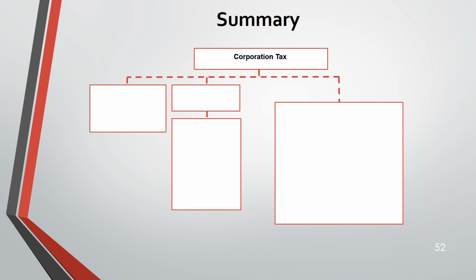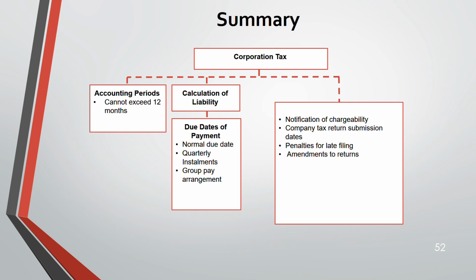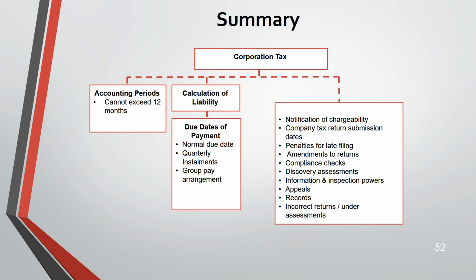Now let us summarize this lecture. We started with the accounting period, saying it cannot exceed 12 months. And we calculated liability, the due date of payment, the normal due date, that is 9 months and 1 day, quarterly installments for big companies, group pay arrangements where it saves interest, where one group company pays on behalf of another, notification of chargeability, the company tax return submission dates, penalties for late filing, amendments to returns, compliance checks, discovery assessment, information and inspection powers, appeal, records, incorrect returns, under assessment.